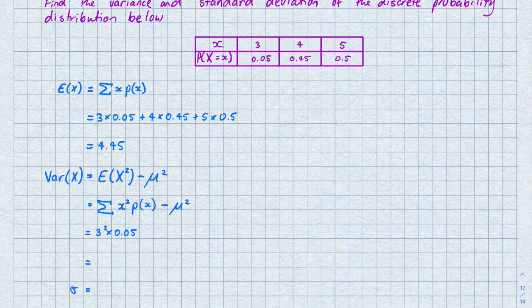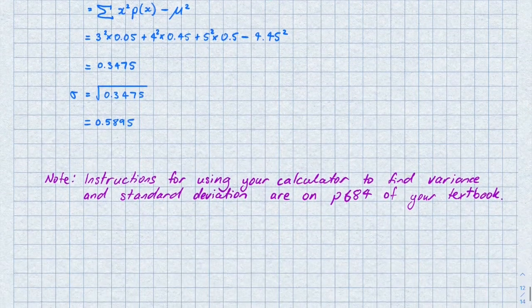So the first term, instead of being 3 times 0.05, will be 3 squared times 0.05. And then adding up the 4 squared times 0.45 and the 5 squared times 0.5, and then subtracting the mean squared. If you put that all in your calculator, that's 0.3475. To find the standard deviation, we square root it, and that's 0.5895 to 4 decimal places.